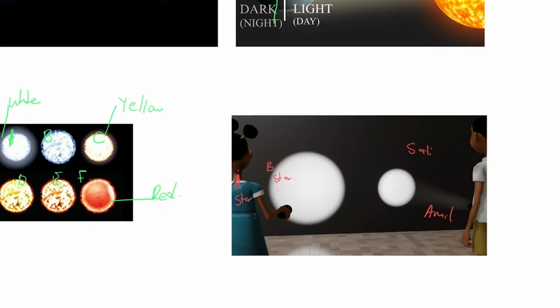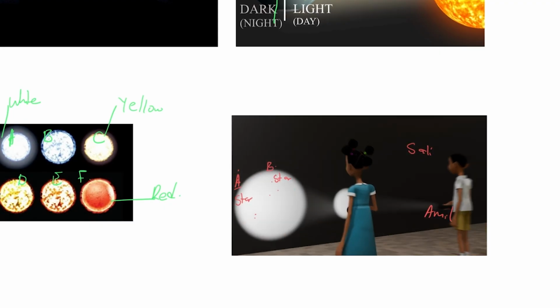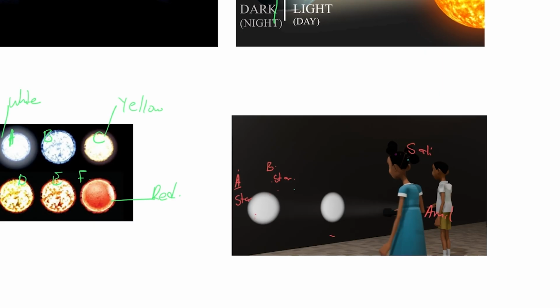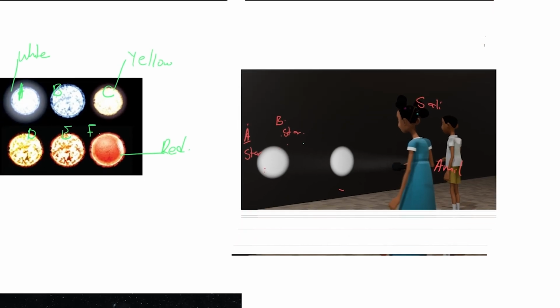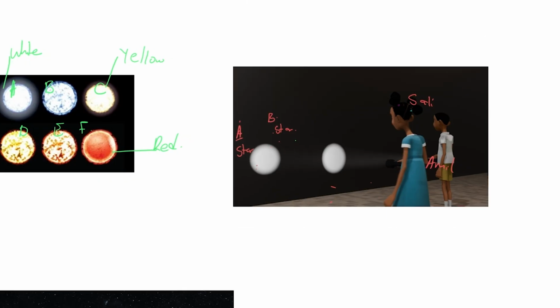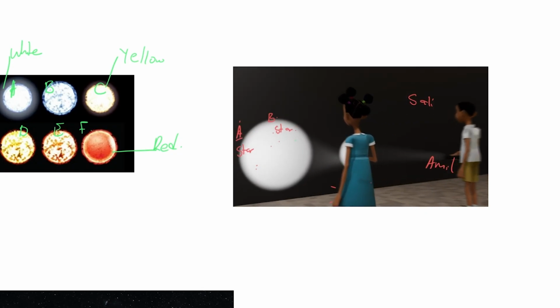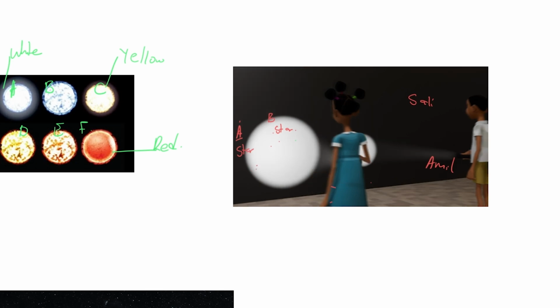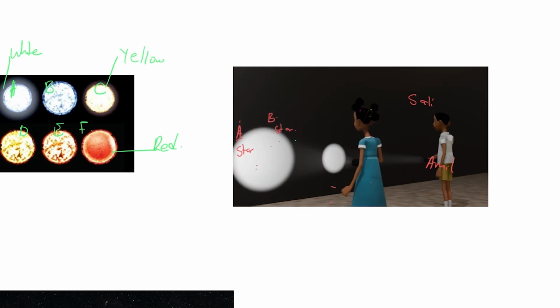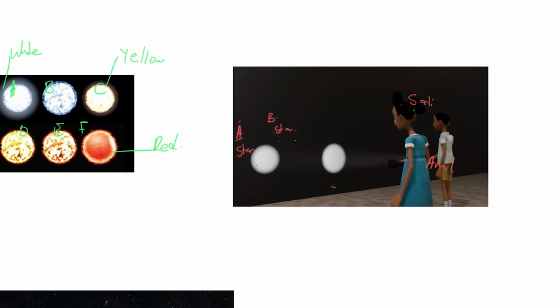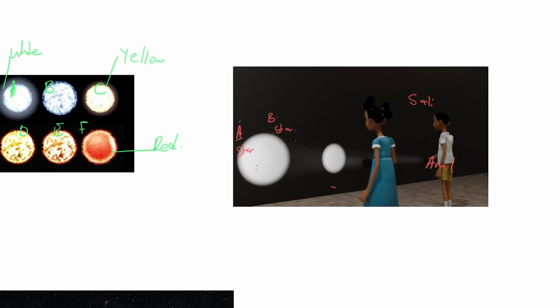Meaning that when we have two stars at different distances, a bigger star is at a near distance than a star that is far away.